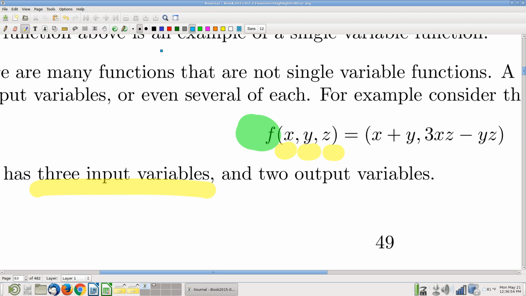What comes out of this function is not a number. It is 2 separate numbers that come out. So there are 2 outputs. Excuse me, 3 inputs, 2 outputs for this function.